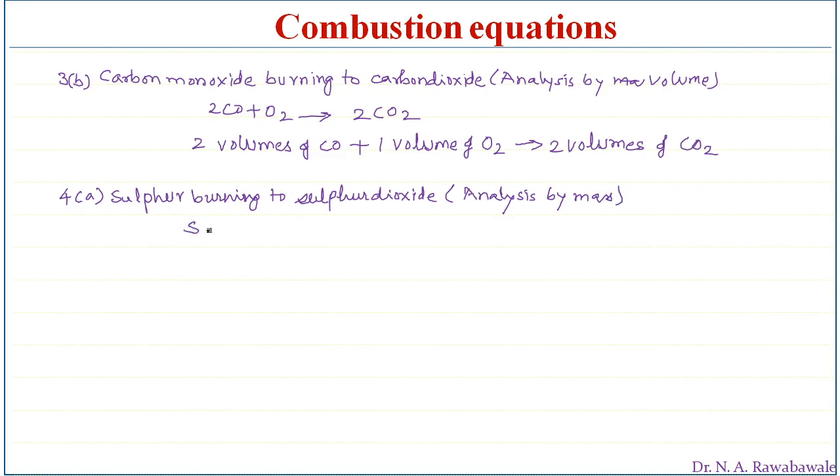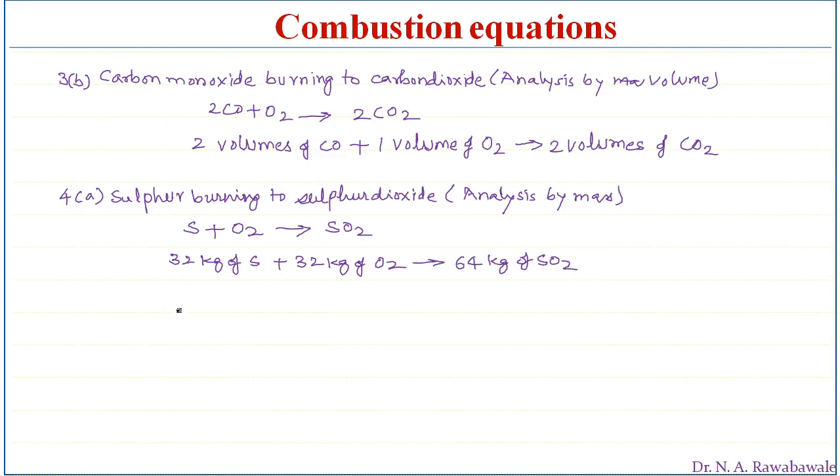One mole of sulfur burns in presence of 1 mole of oxygen by producing sulfur dioxide. The complete combustion of sulfur produces sulfur dioxide. The molecular mass of sulfur is 32, so 32 kg of sulfur burns in presence of 32 kg of oxygen, thereby producing 64 kg of sulfur dioxide.